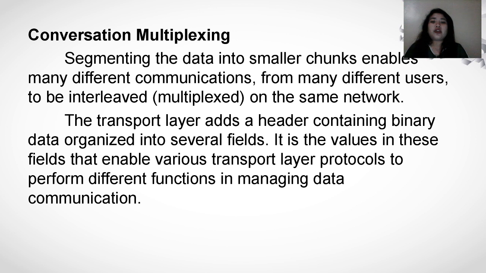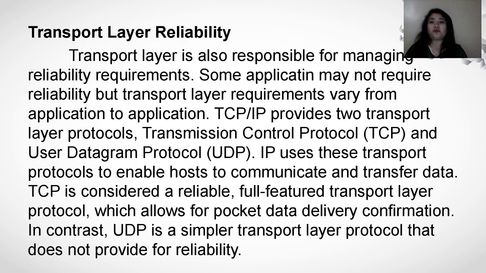The transport layer adds a header containing binary data organized into several fields. It is the values in these fields that enable various transport layer protocols to perform different functions in managing data communication. For transport layer reliability, the transport layer is also responsible for managing reliability requirements.